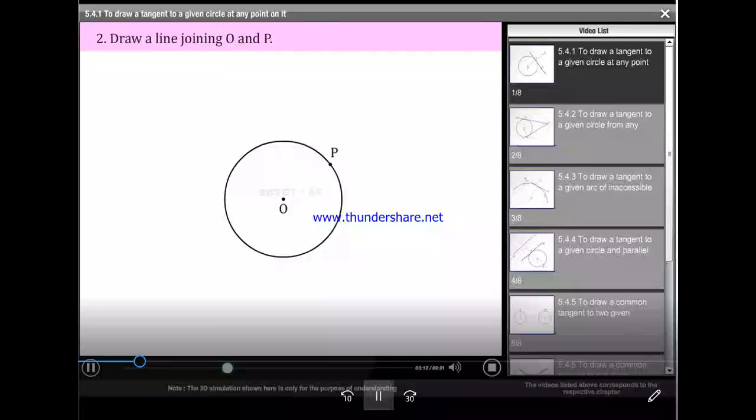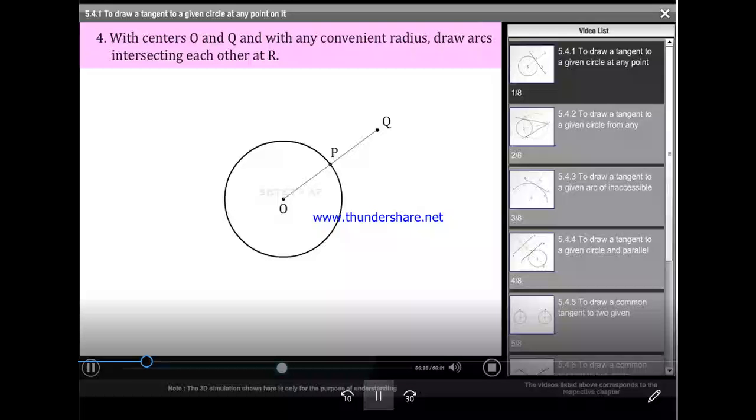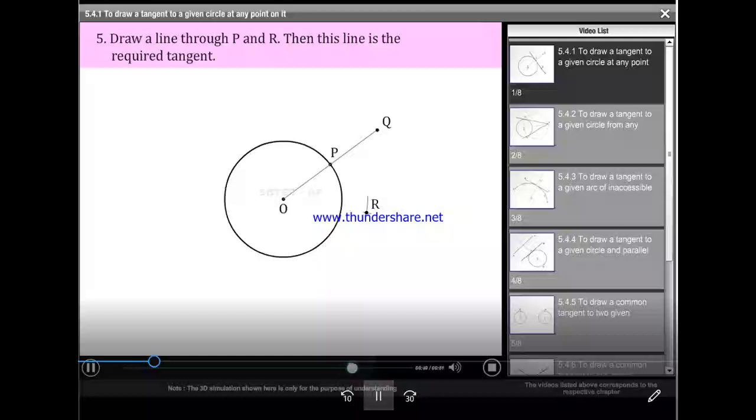Draw a line joining O and P. Produce OP to Q so that PQ is equal to OP. With centers O and Q and with any convenient radius, draw arcs intersecting each other at R. Draw a line through P and R. This line PR is the required tangent.